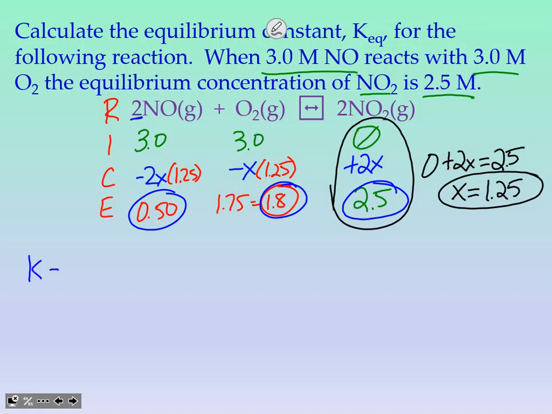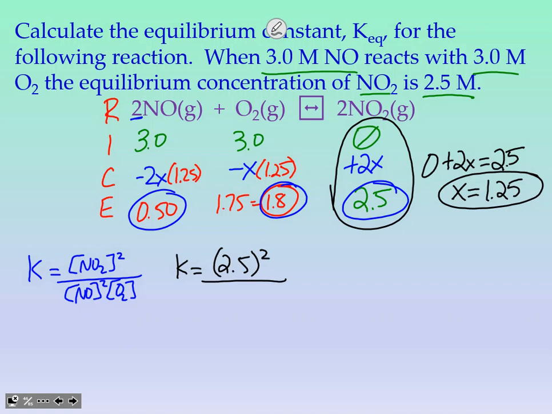So K equals NO2 squared over NO squared times oxygen. And that's going to be plug in. So we get 2.5 squared over 0.5 squared times 1.8.